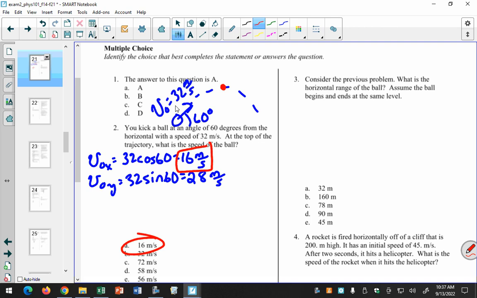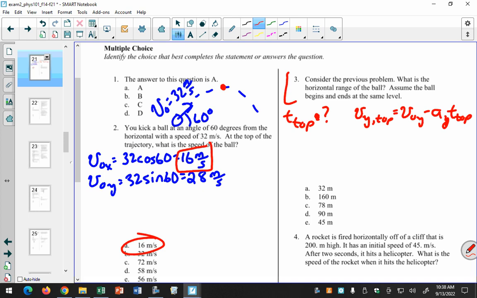Okay, but the next one is a little bit more difficult. Consider the previous problem, looking at number 3 here. What is the horizontal range of the ball? So a couple additional steps. I need to find t-top. To find t-top, I say, well, vy at the top is equal to v0y minus ay t-top.